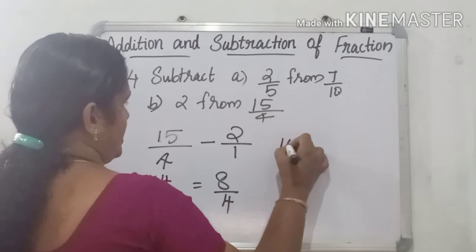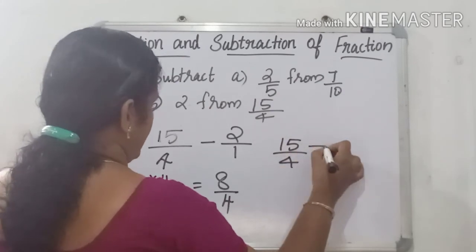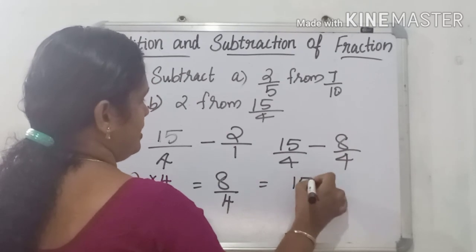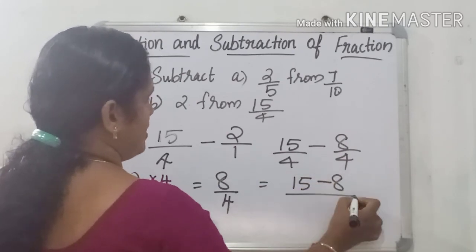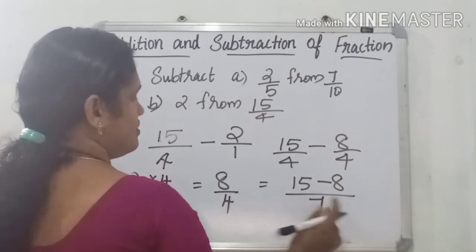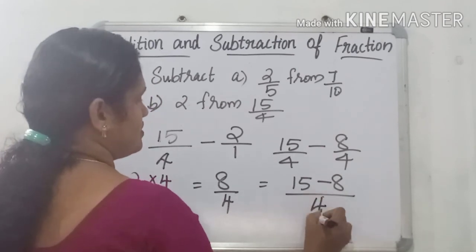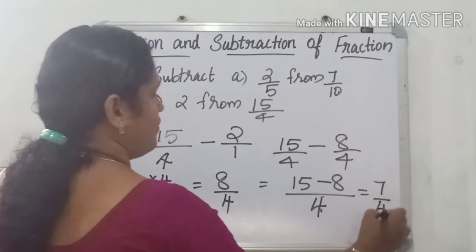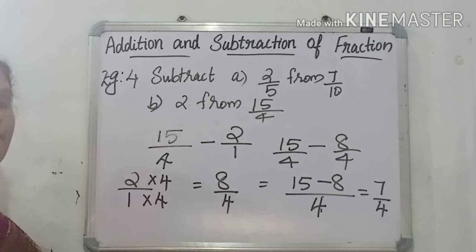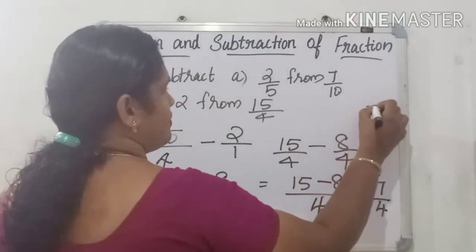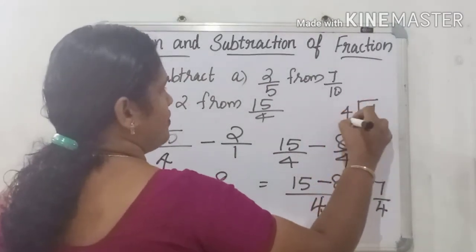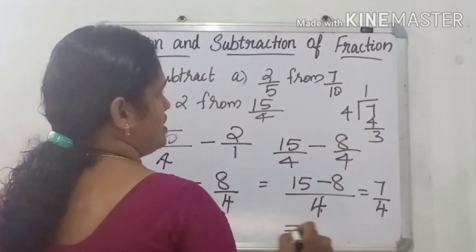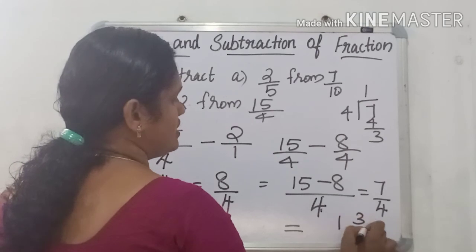So 15 by 4 minus 8 by 4, which is equals 15 minus 8 by 4, which is equals 7 by 4. 7 by 4. We can write 7 by 4 equals 7 divided by 4. 1 4s are 4. 3 is remainder, equals 1 3 by 4.